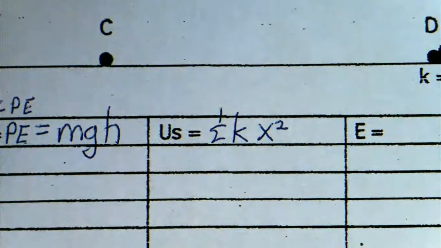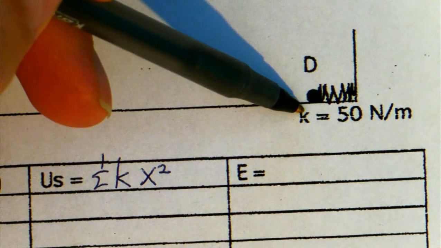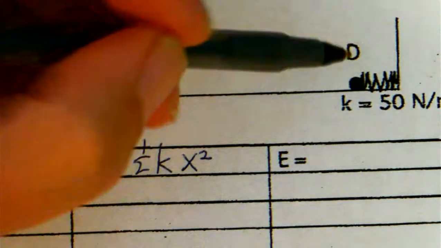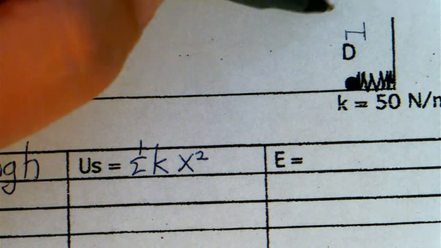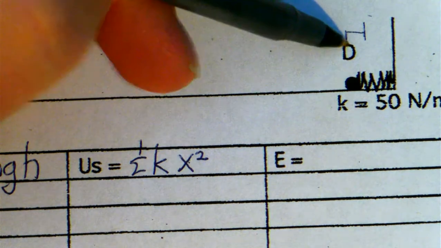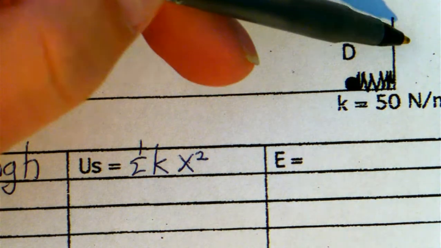Excellent, that is true. One half times the spring constant, lowercase k, times the distance that the spring is compressed or stretched, squared. This x is the distance it is stretched or compressed.